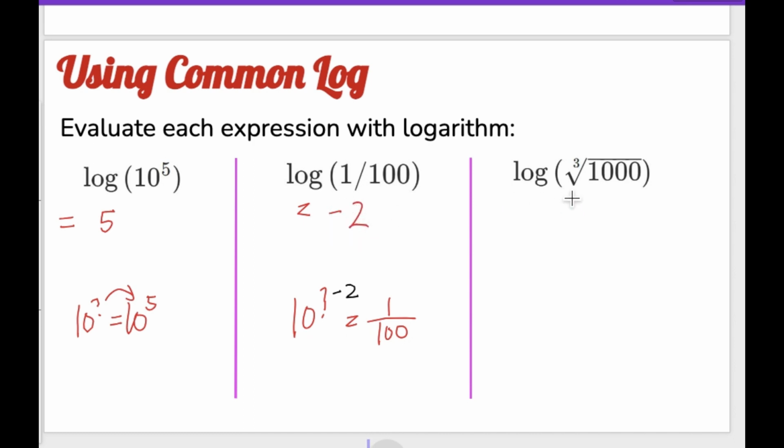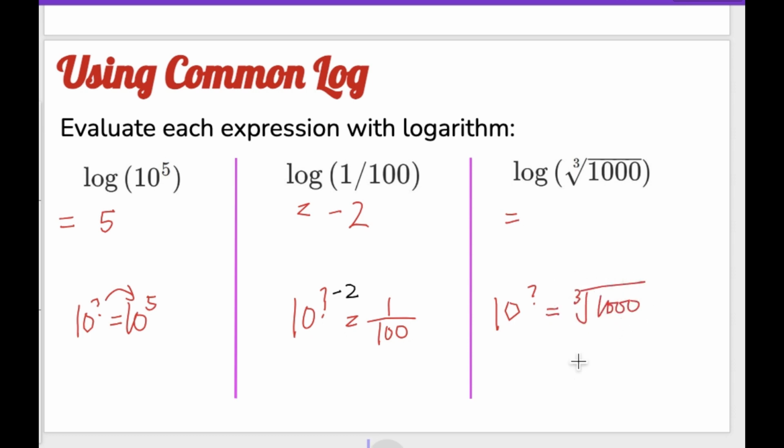This one, again, whenever you see the cubic root or whatever, you can just rewrite it in exponential form. This will help you understand the situation here. So this one is asking us: 10, again no base shown so the base is 10, to what power is the cubic root of 1,000?